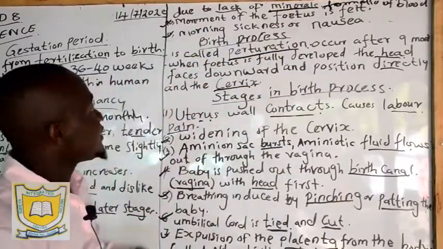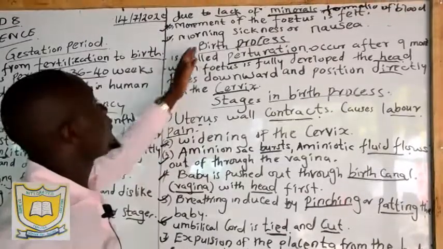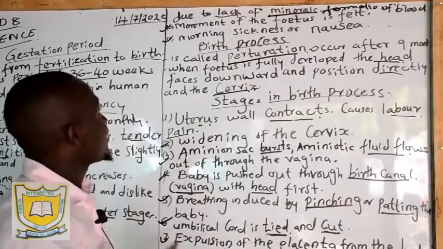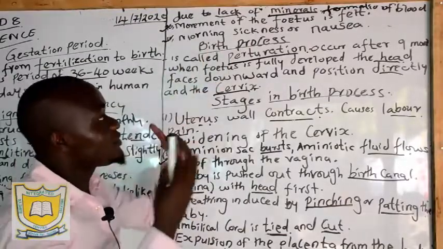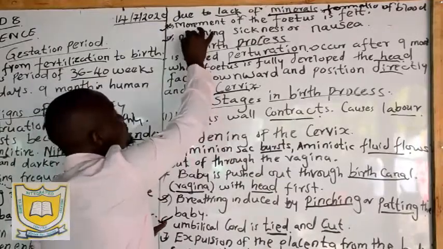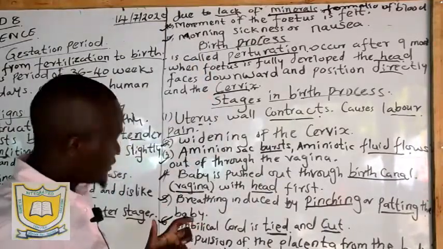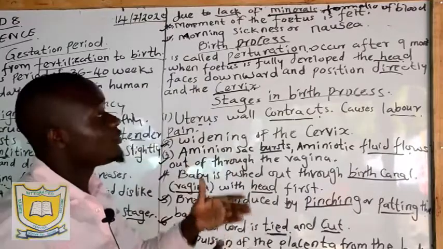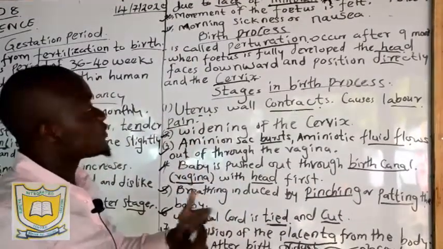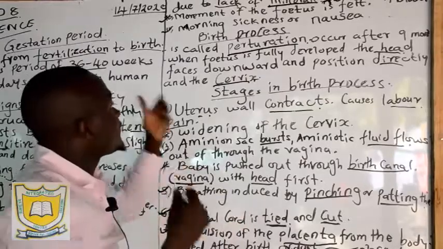Next, which is the last sign, is morning sickness, headache, stomach upset. That is a sign of being pregnant. You have mothers who don't understand whether they are pregnant or not. Most of the time she wakes up with a headache.